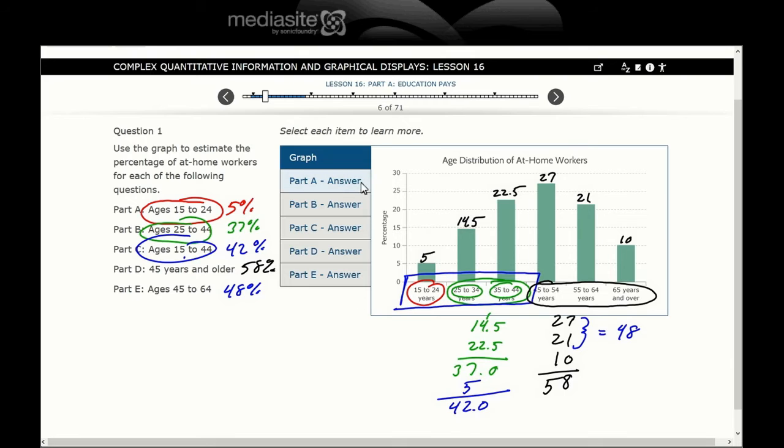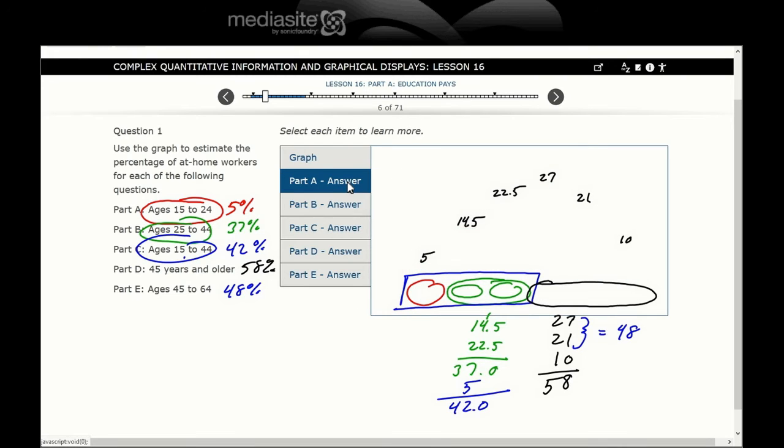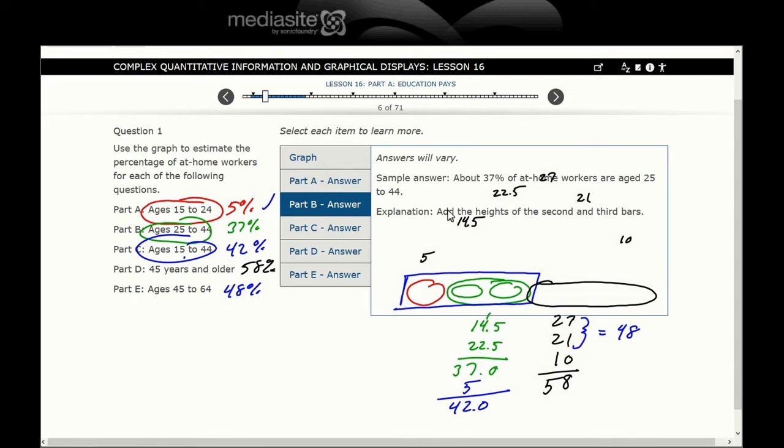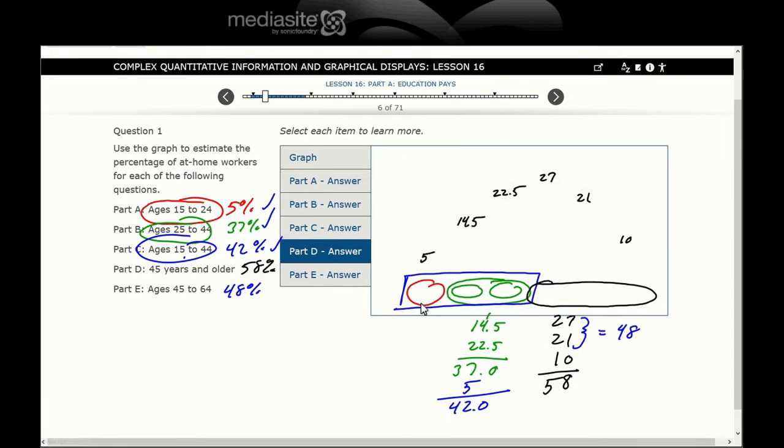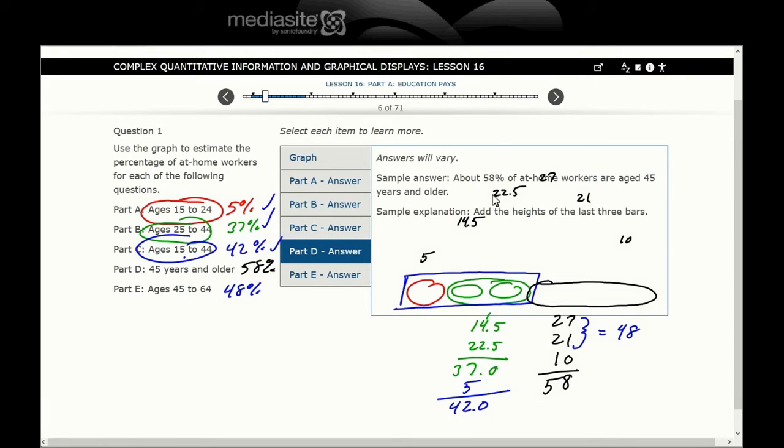How we do? So it's about 5. That checks. About 37. Check. 42. Check. 58. Check.